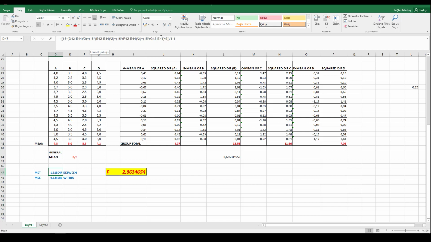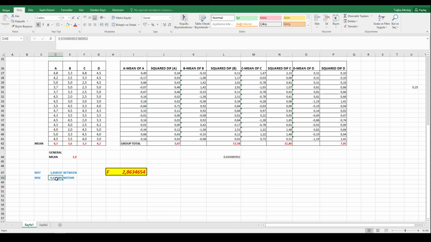This total is found by subtracting the general mean from each group mean, and we divide it by the number of groups minus 1. We have 4 groups, so we subtract 1. When we press enter, we calculate MST, or the variance between, as 1.8. Then we will calculate MSE.